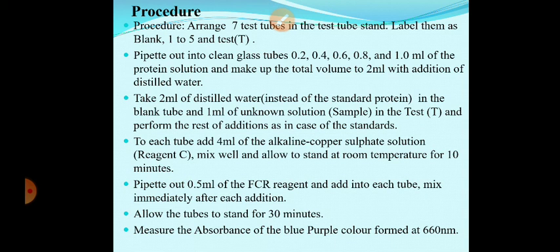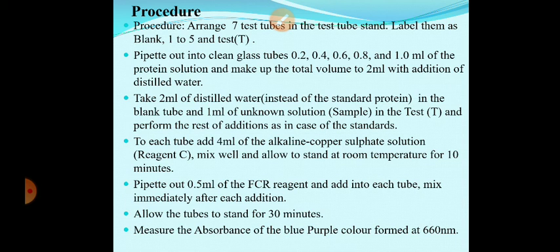Blank, 2 ml distilled water only. In the tubes labeled from 1 to 5, you need to prepare a standard graph, so go on increasing the concentration of protein and add water to make up the volume to 2 ml. In the test tube labeled as test, you have to take 1 ml unknown sample and 1 ml distilled water, so that in all the 6 to 7 test tubes, the volume is now 2 ml.